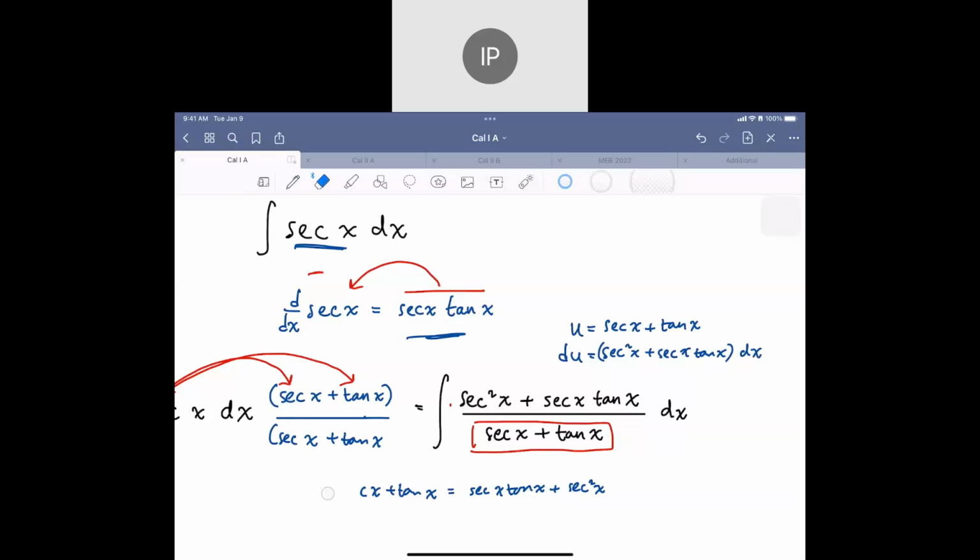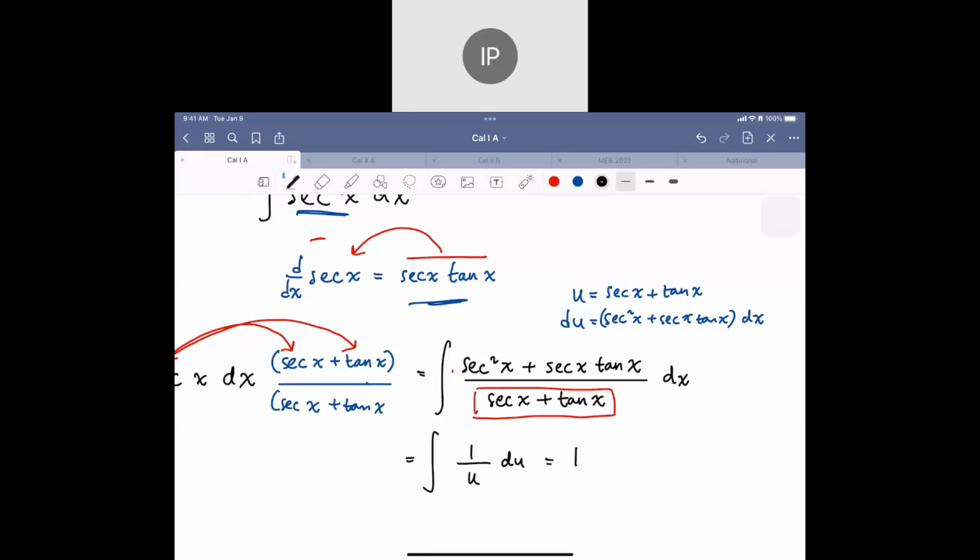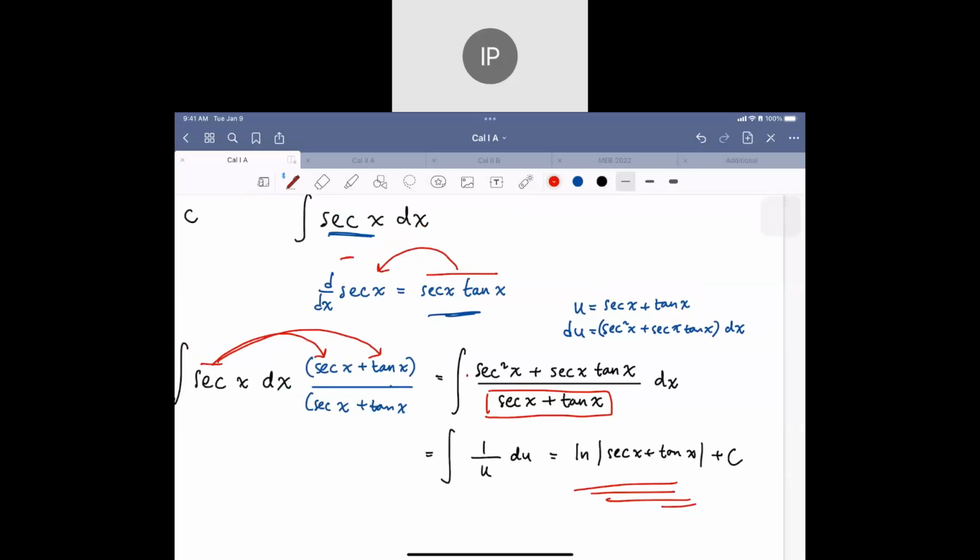So what we have here, I'm going to erase this, is the integration of 1 over u du, and then this becomes ln, and then we can write secant x plus tangent x plus c.